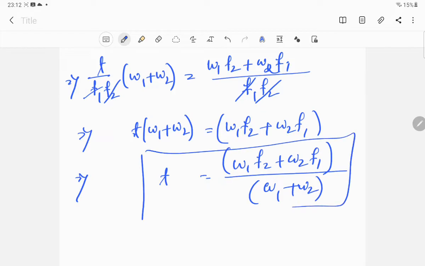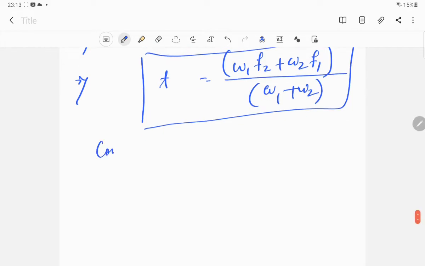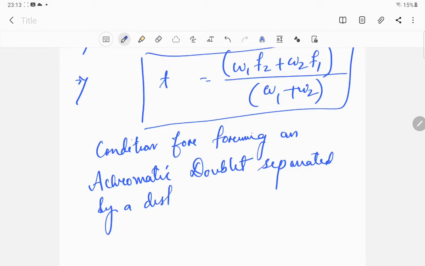Okay, so that's the condition for achromatism. Or you can say that achromatic doublet separated by a distance. So this is the condition for achromatism for a system of two lenses separated by a distance, or you can say that condition for forming an achromatic doublet separated by a distance t.